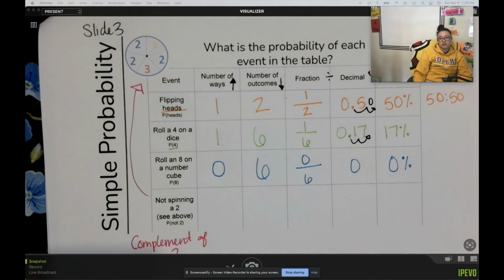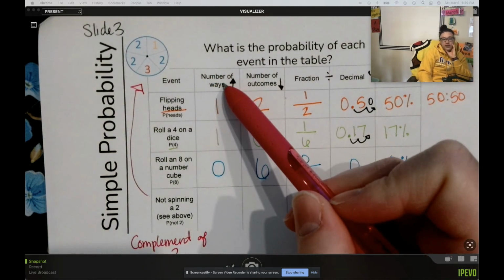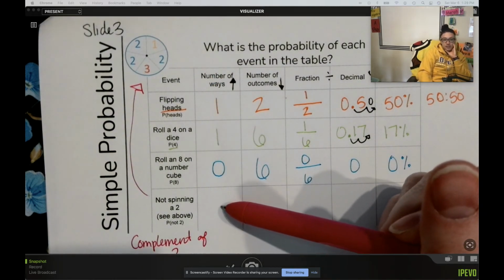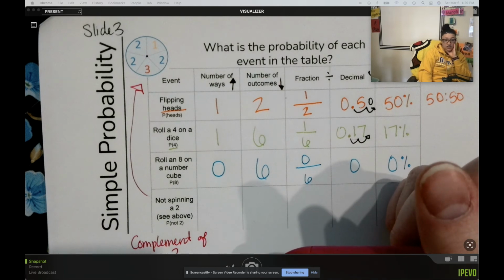The complement of 2 means the opposite of rolling a 2 or spinning a 2. So first, what is our number of ways to not spin a 2? How many of those numbers are there up there that are not a 2?